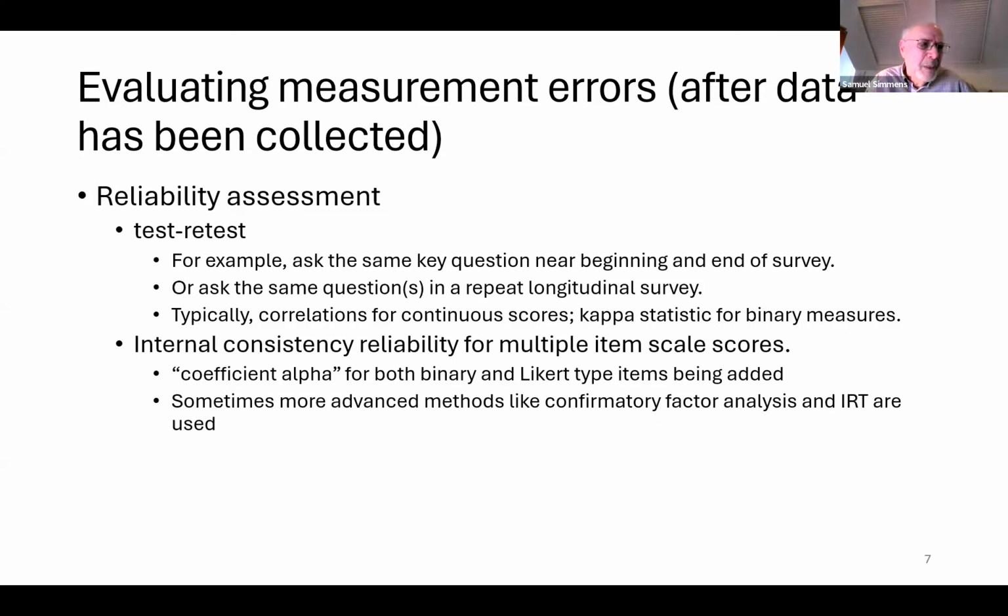It ranges from 0 to 1.0, where 1.0 is perfect. You do have to recognize, though, that interpreting the absolute value of coefficient alpha is actually pretty soft. It's pretty loose.